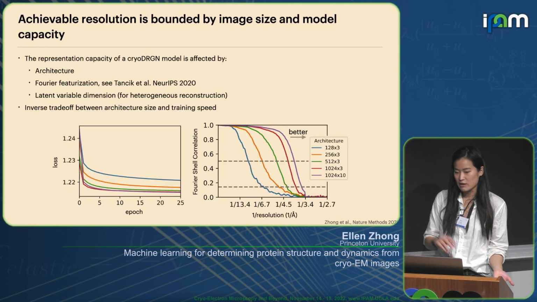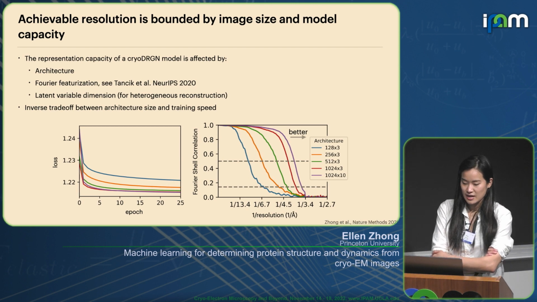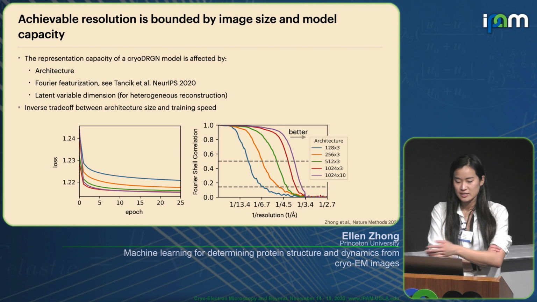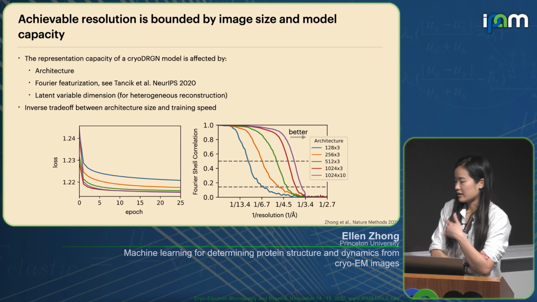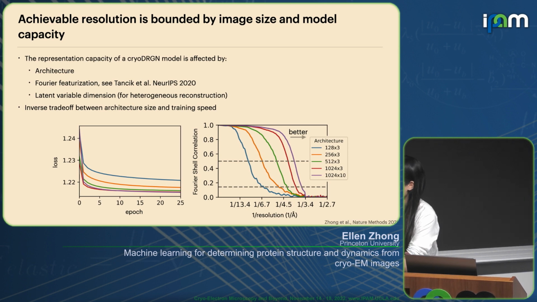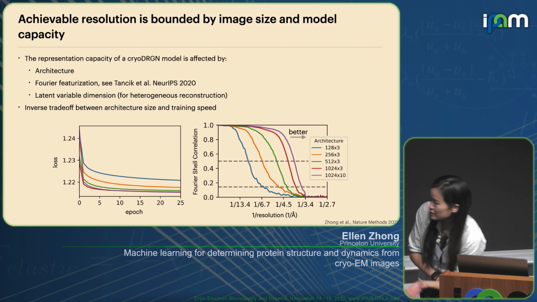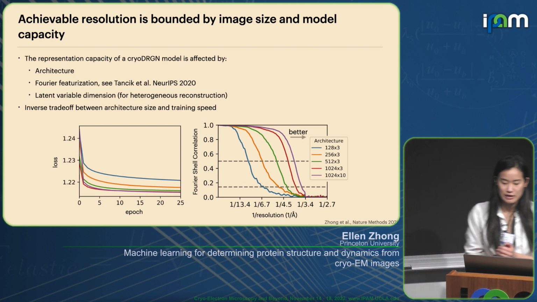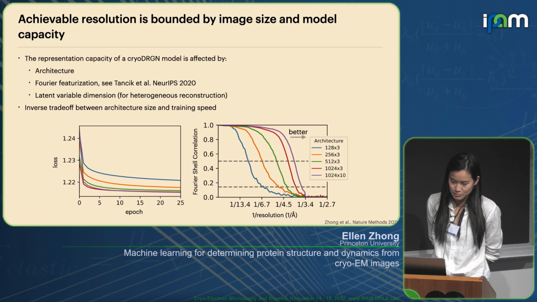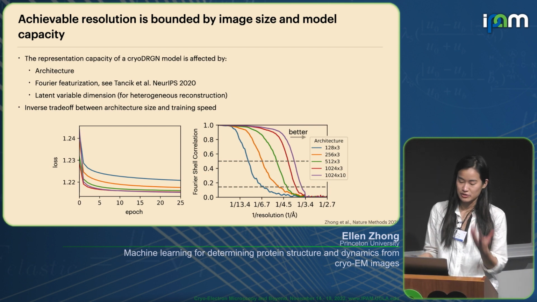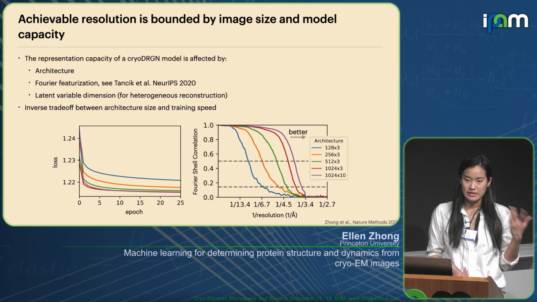And then we played around with some of the model architecture settings to develop best practices. We find that the representation capacity, or the resolution of the structures that we can model, is limited, obviously, by the architecture, so the number of layers and the width of the architecture, as well as the Fourier featurization or the positional encoding function, and then in the case of heterogeneity, what the dimension of the latent variable is.